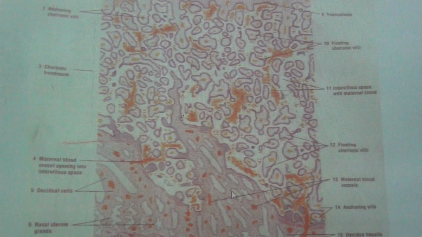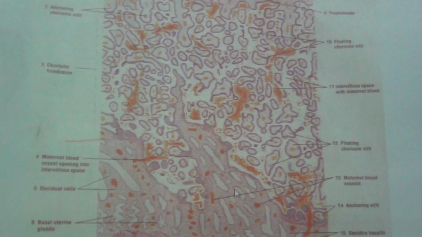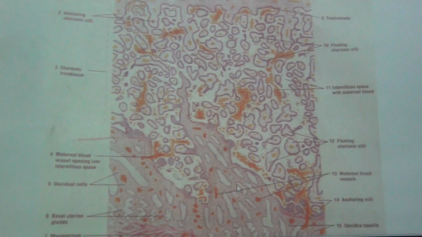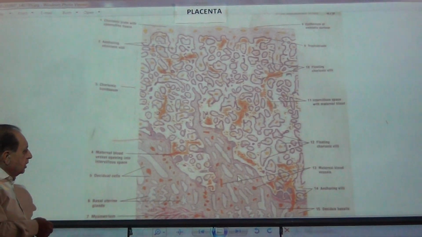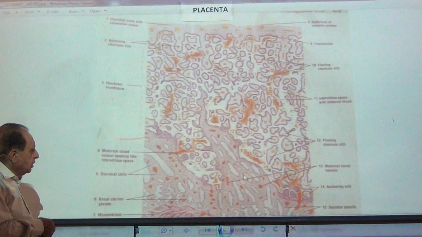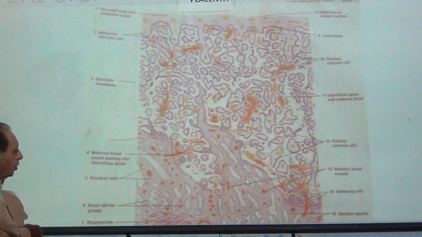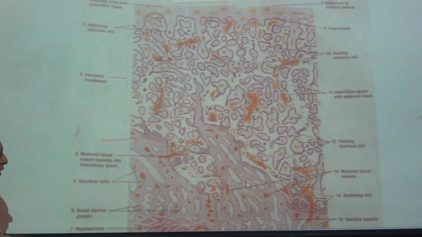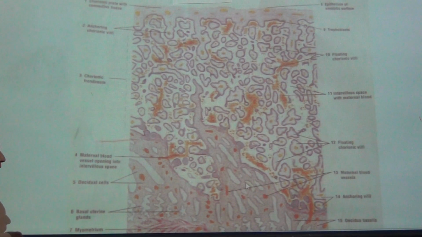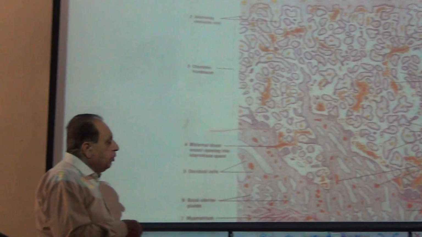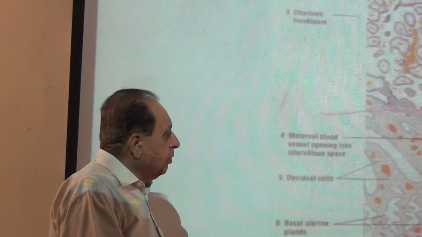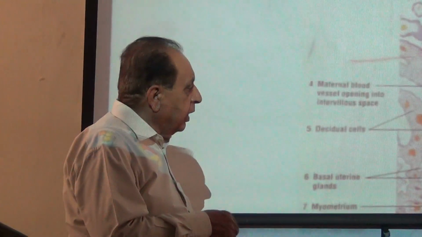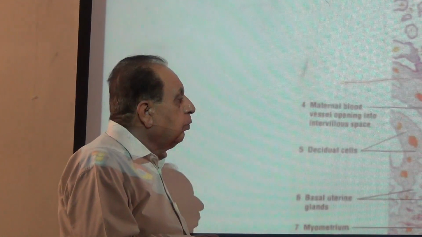Now, this decidua basalis contains the functional component in the endometrium, except the basal layer, which is permanent and remains intact in the endometrium.